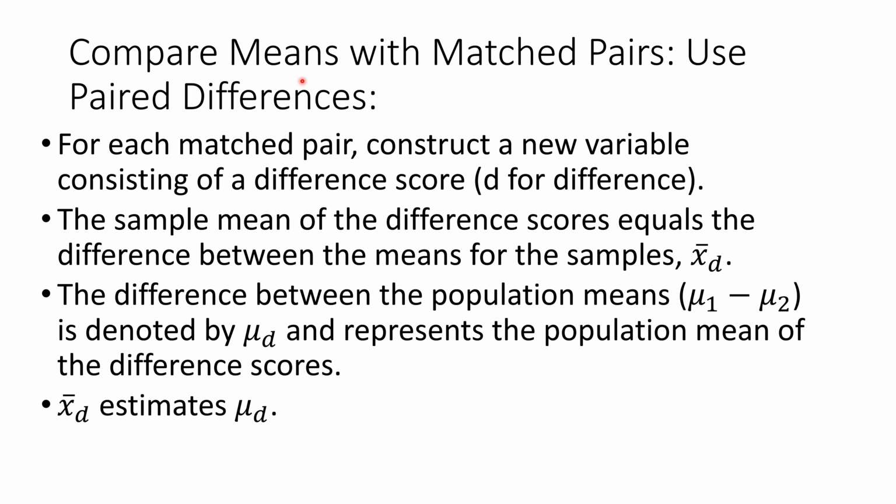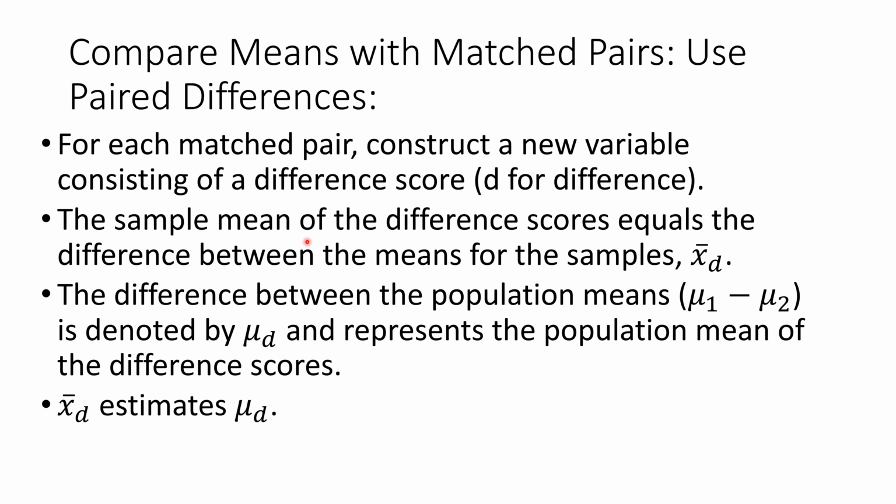When we compare means with matched pairs, we should use pair differences. For each matched pair, construct a new variable consisting of a difference score. We denote D for the difference.